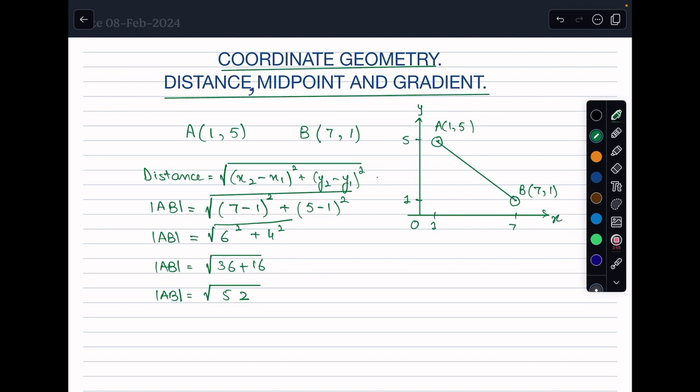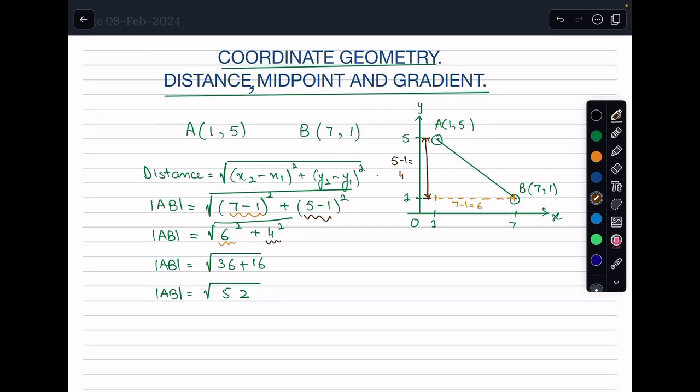If I do it graphically, x2 minus x1 is the horizontal distance between the 2 points A and B, which is 7 minus 1, equal to 6. Then the vertical distance, from here to here, is 5 minus 1, which is equal to 4.